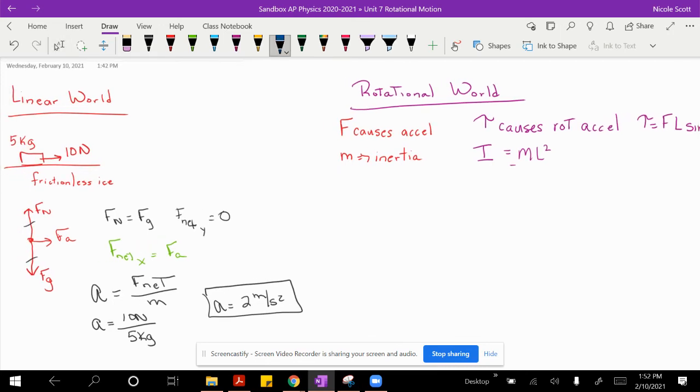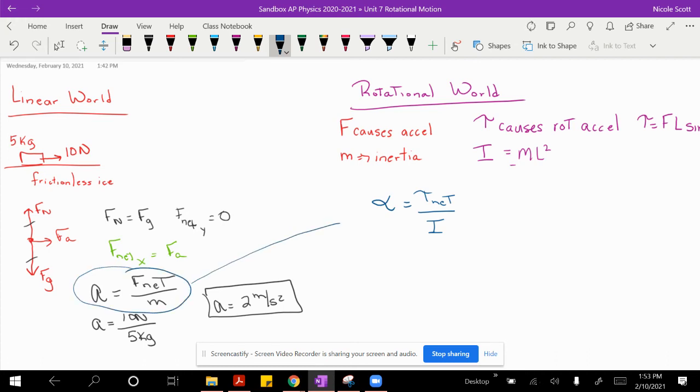So I've got Newton's second law of rotation, which says that the acceleration, we'll talk about that alpha symbol here in a minute, is equal to the net torque divided by the rotational inertia. Now see, it's the same idea.